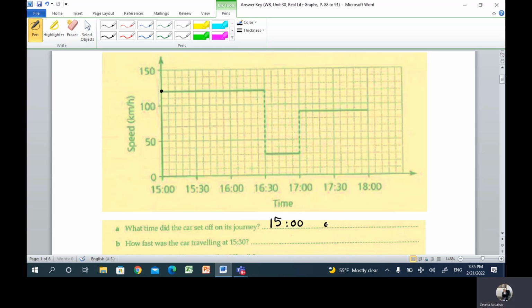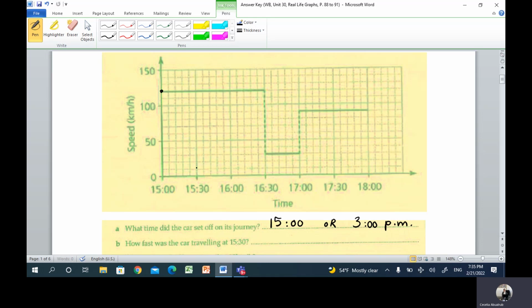Some people would like to answer it this way. If 1 is 13, 2 is 14, so we're going to write it as 3, but don't forget to write PM.